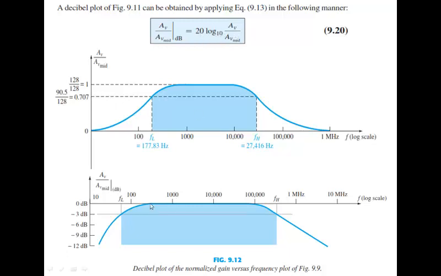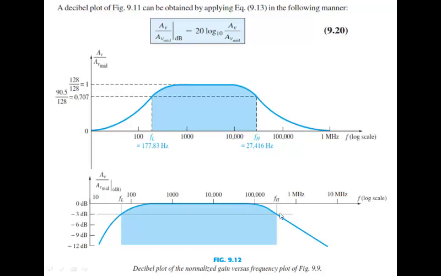So in this range the response would be at 0 dB, and at this point the value is 0.707, and when you convert it into dBs, it will be 20 log of 0.707, which is equal to -3 dB. So at the cutoff frequency it would be at -3 dB.